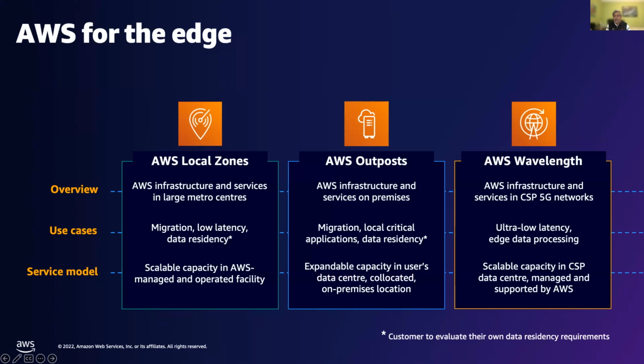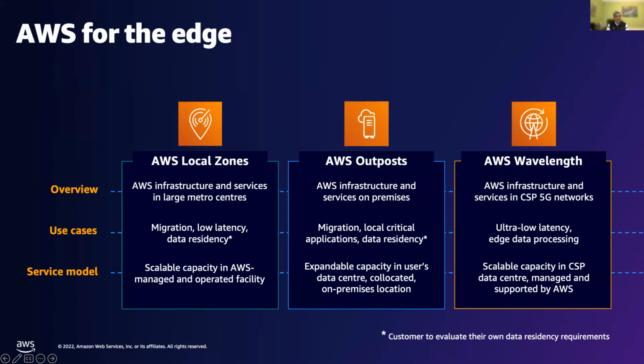The second one is AWS Outposts, which puts AWS native cloud infrastructure and services on premises. So there is actually a physical box that gets deployed into your data center, and you get all the AWS services with that. And then AWS Wavelength, which is essentially for applications with low latency requirements deployed at the 5G network edge.